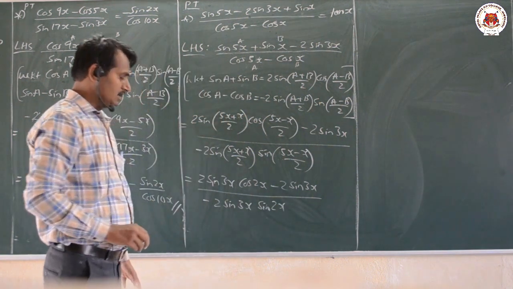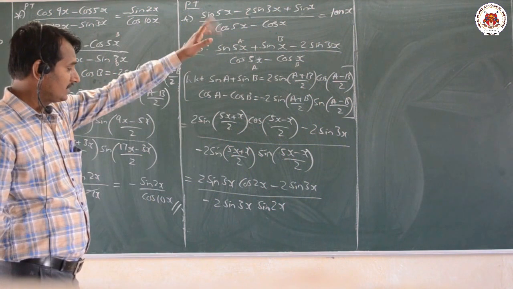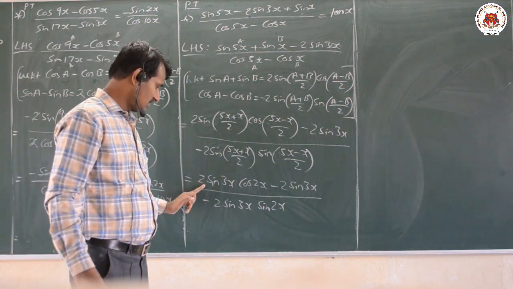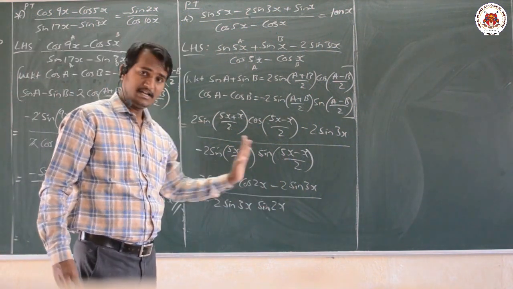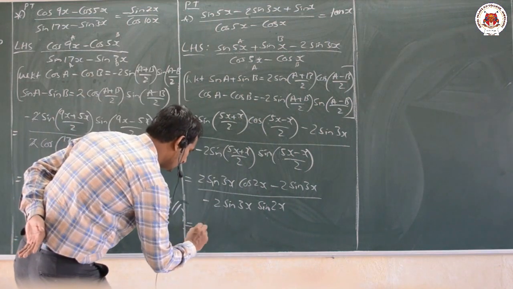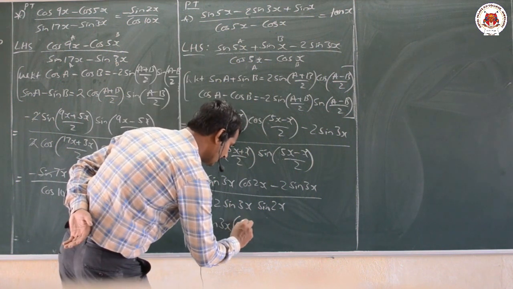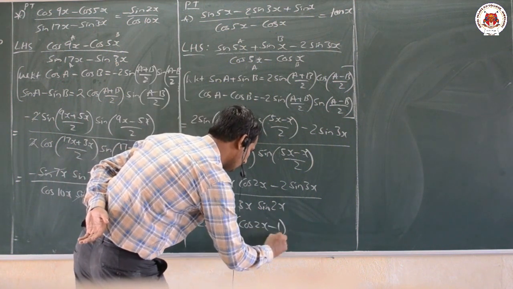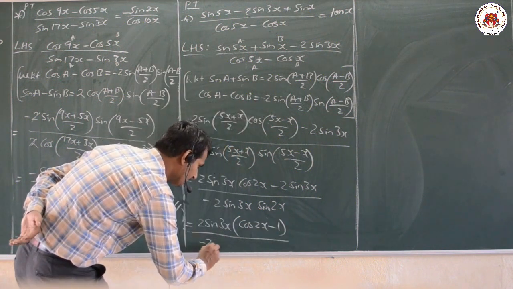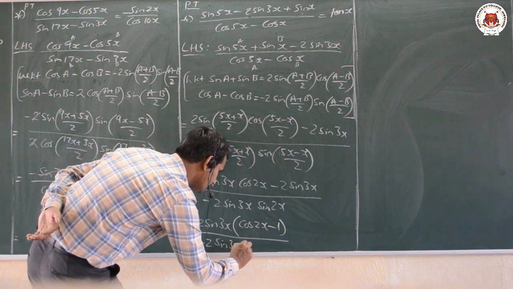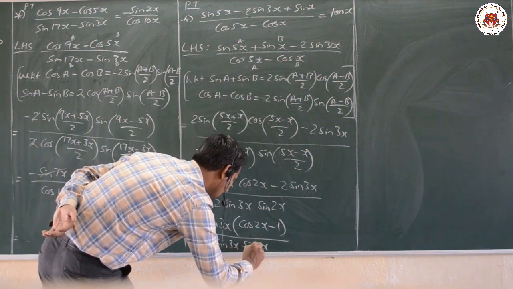Dear students, since I require the value as tan x, here 2 sin 3x I can take common in the numerator. What is the remaining part? That is 2 sin 3x into (cos 2x minus 1), whole divided by minus 2 sin 3x into sin 2x.